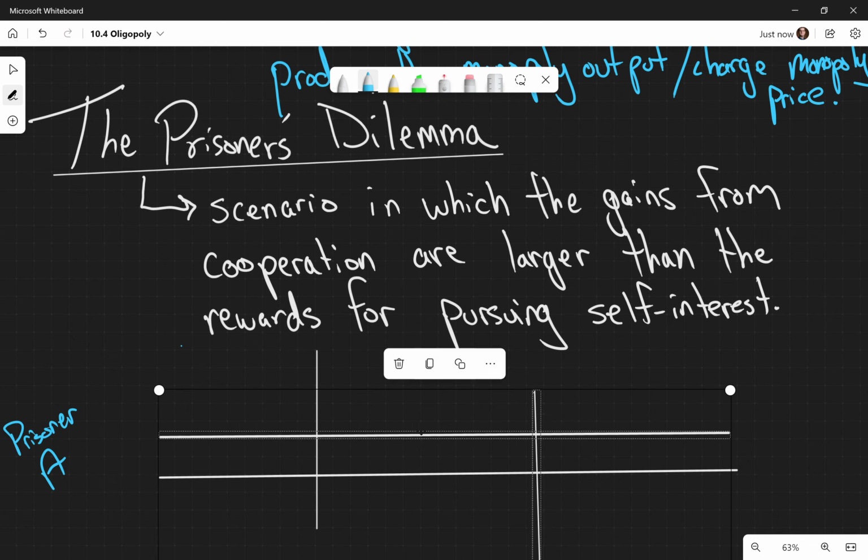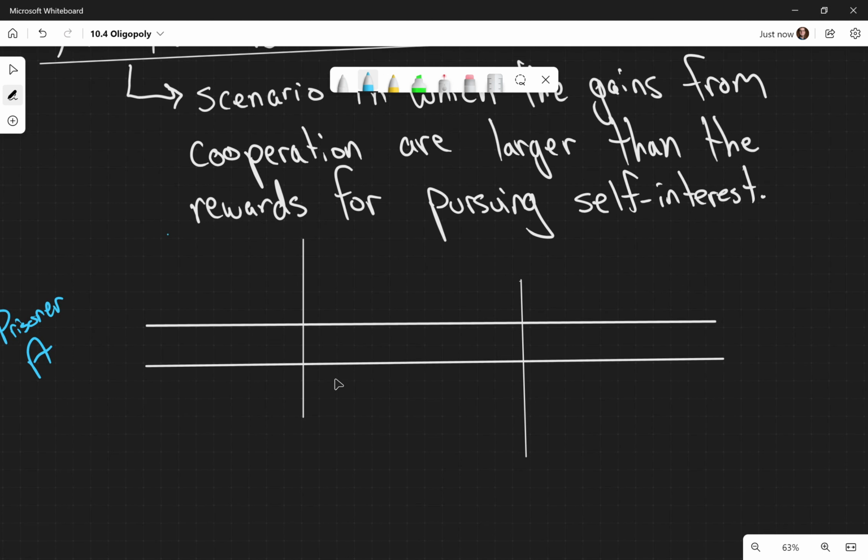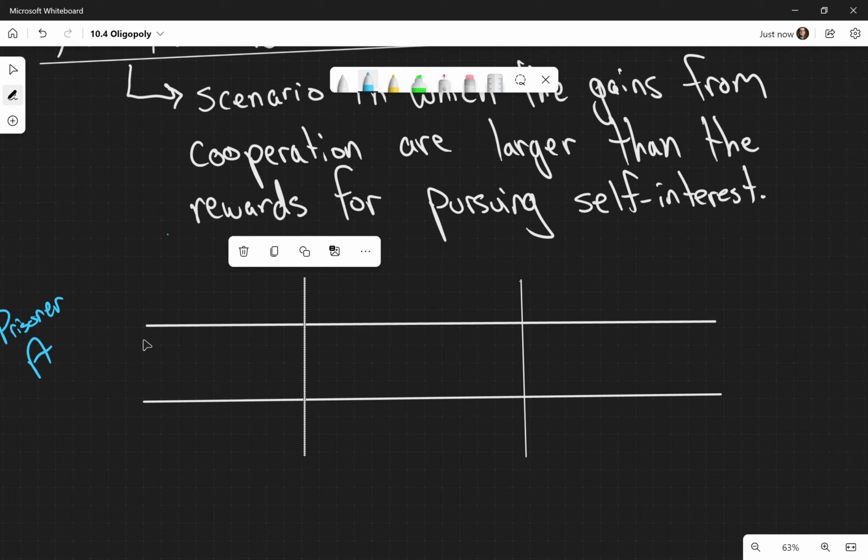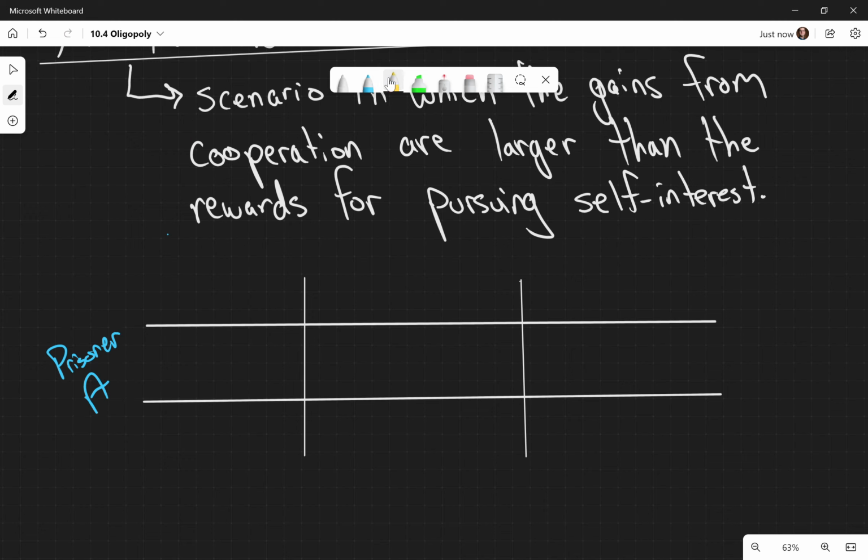I need to give myself a little bit more room. There we go. We got prisoner A there, and then up here we have prisoner B. Should be capital B since it's capital A.